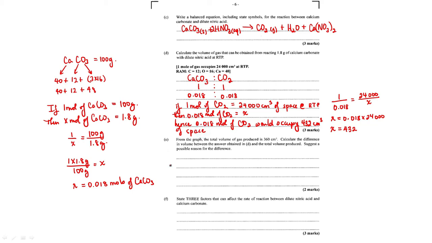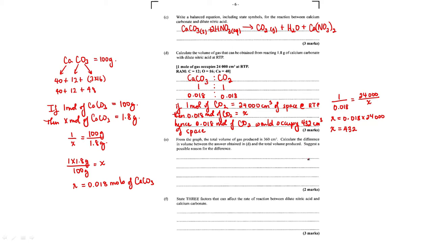It says from the graph, the total volume of gas produced is 360 cubic centimeters. So calculate the difference in volume between the answer obtained in D and the total volume produced. Now remember, theoretically, we don't consider impurities. We don't consider gases being lost, like poorly secured instruments such as a bung.